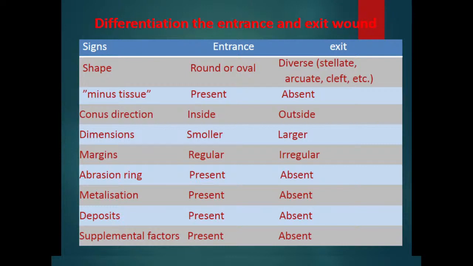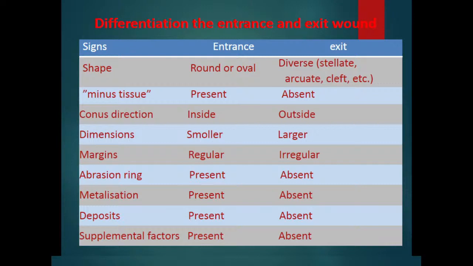In the case of exit wounds, it could be stellate with many flaps of the skin arched, or might have the appearance of clefts. So the shape is typically irregular. Tissue defect, the absence of tissue, is seen in the case of an entrance wound and absent in the case of an exit wound.